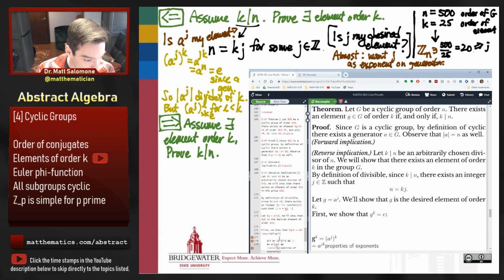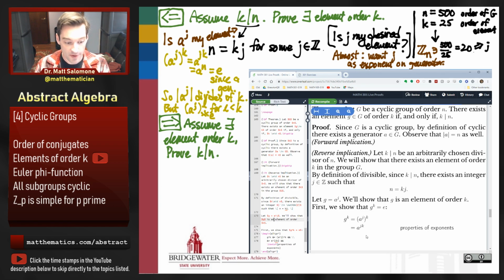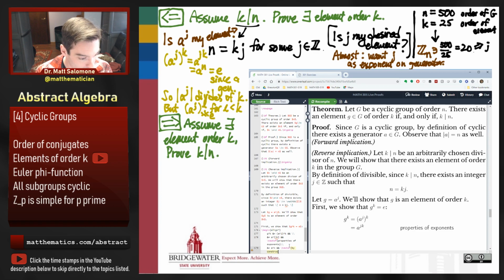Let me catch up here so we have everything we need on the screen. So using properties of exponents, g to the k is equal to a to the jk. But then this is equal to a to the n by construction.